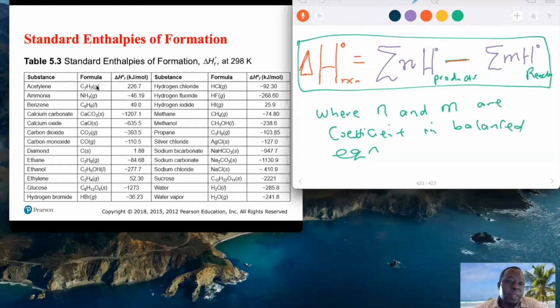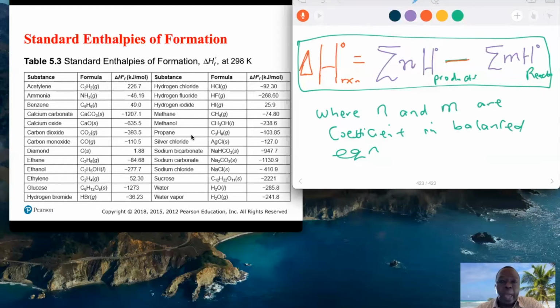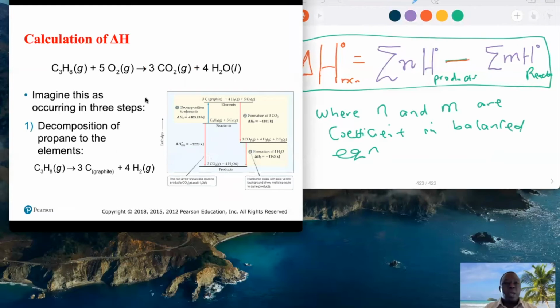If you are not given it in the problem, you have to refer to this table and plug it into this equation. Solving one problem here will help. If I look at this equation, I should be able to identify the products and the reagents, and we multiply by 3.